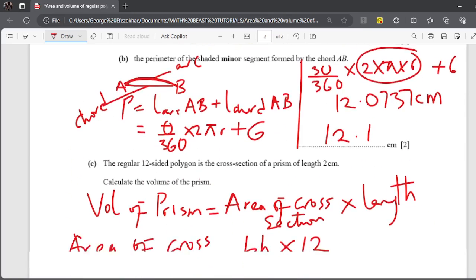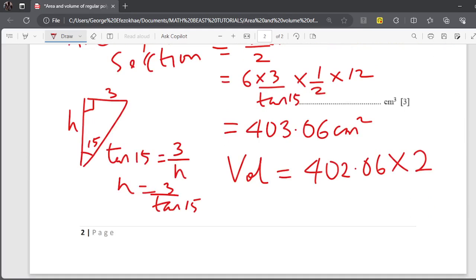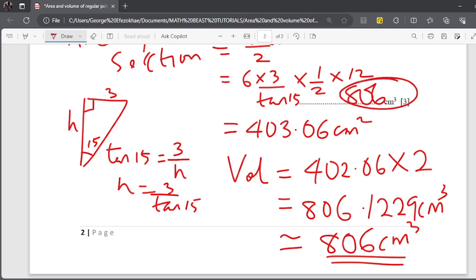We are told that the length is 2, so we multiply by 2. That will give us the volume of 806.1229 centimeter cube. We can approximate the answer to 3 significant figures to be 806 centimeter cube. That is the volume of the prism, so this is 806 cm cube as our answer.